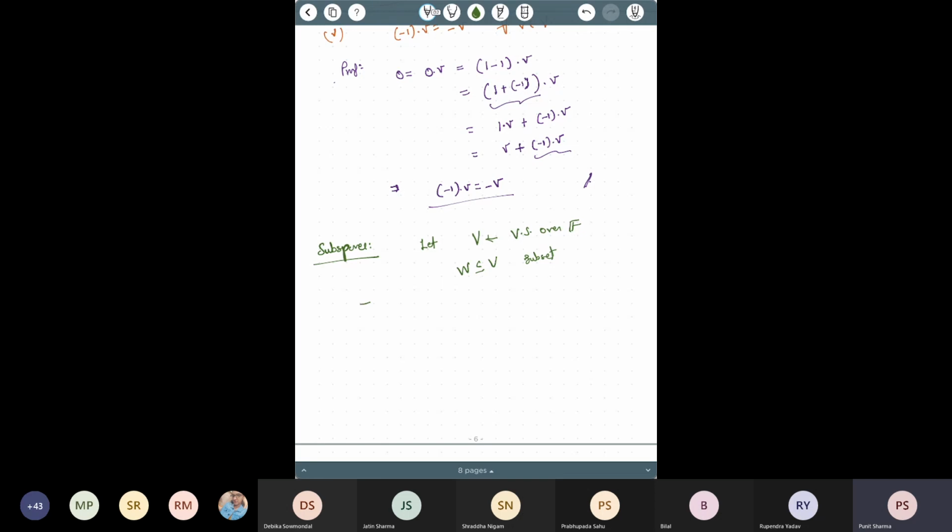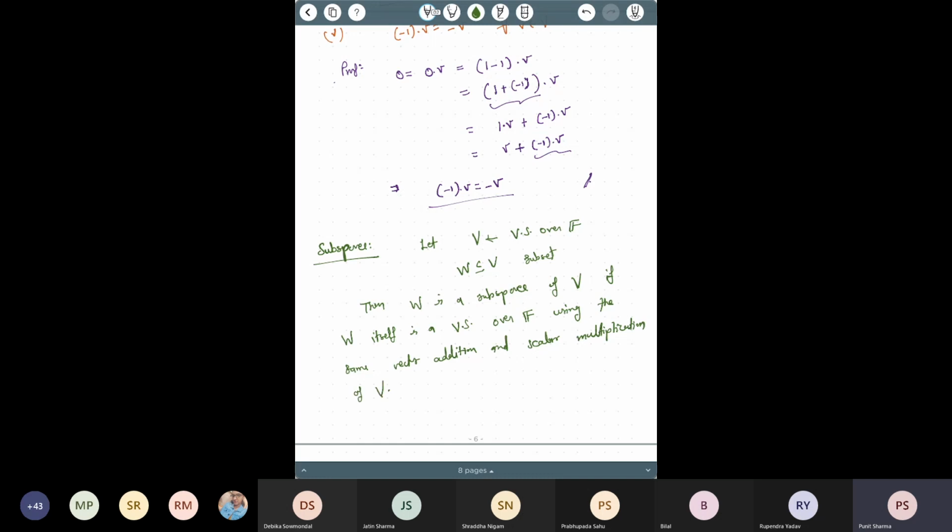Then this W is a subspace of V if W itself is a vector space over the same field F using the same vector addition and scalar multiplication of V.